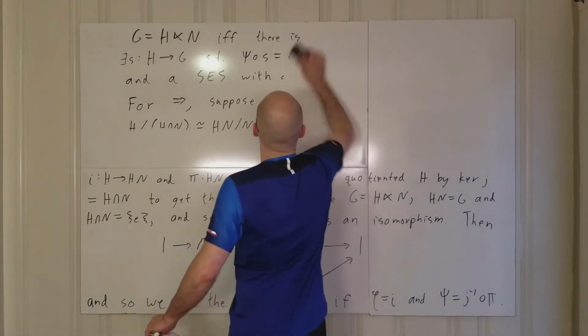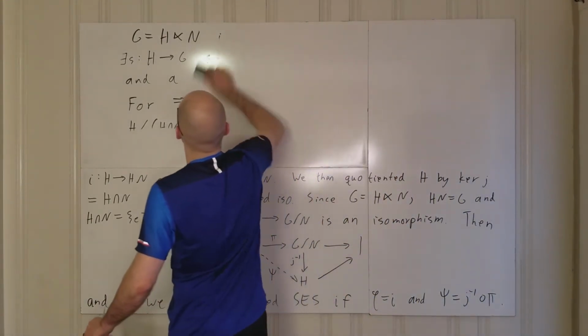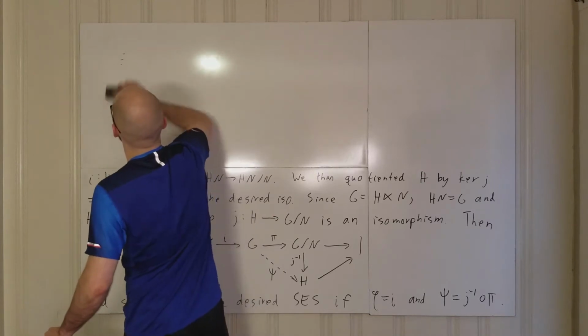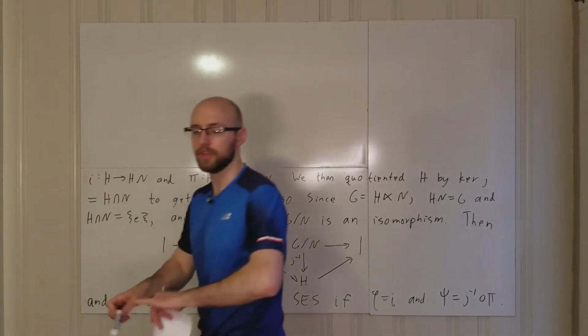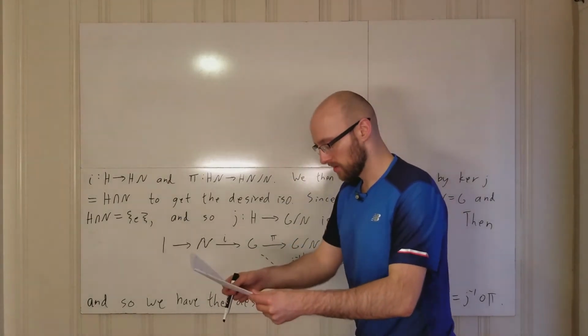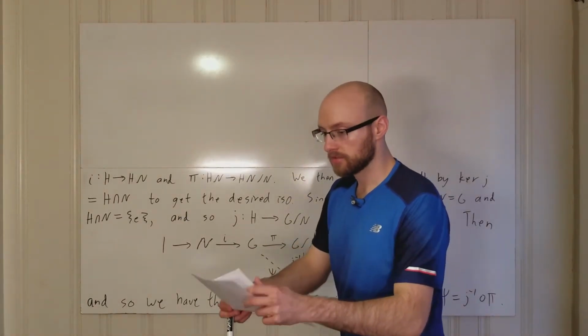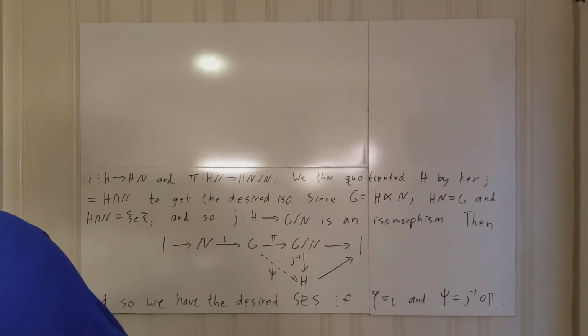Okay, it's looking like I might not finish this theorem by the end of the video. I might just do one direction and then I'll leave the other direction for next time. Okay, so we're almost done with this direction though.